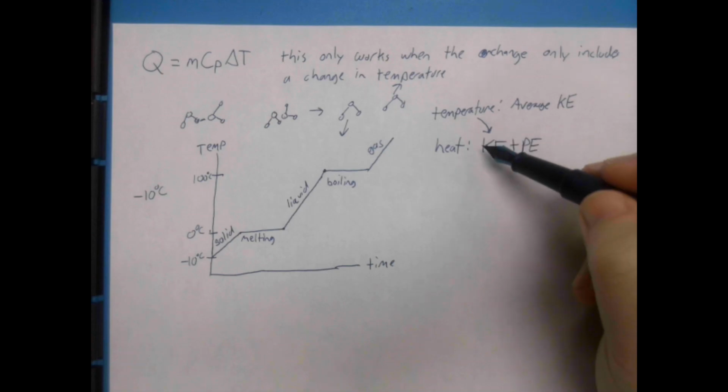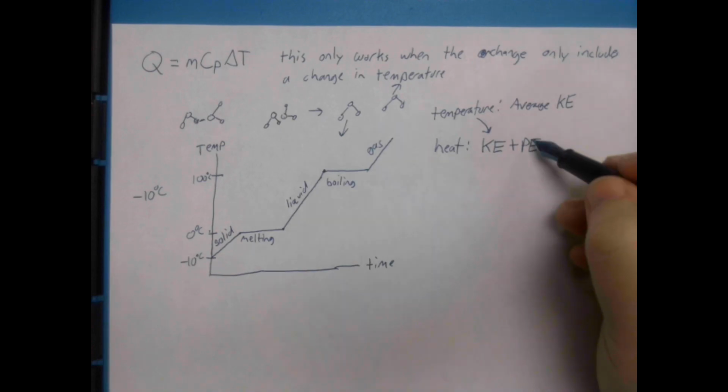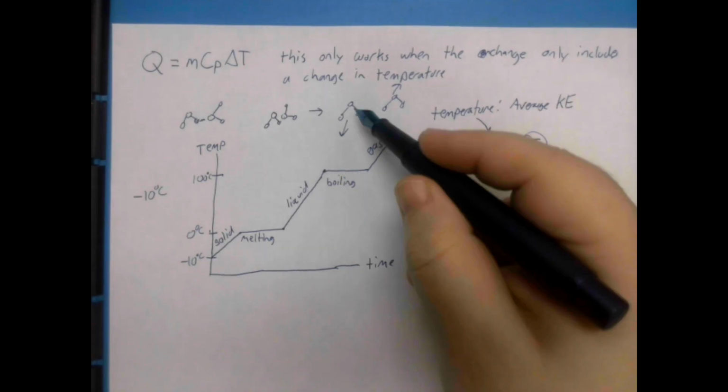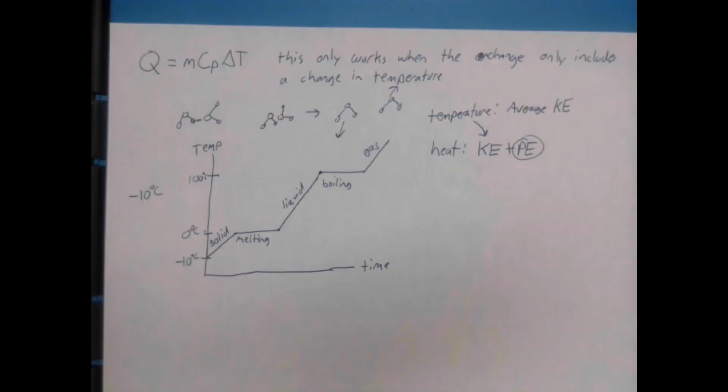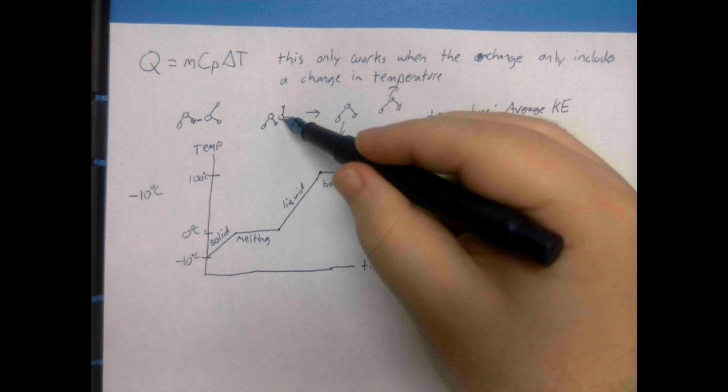So where's all the energy going? It's just potential. What we're doing is increasing the potential energy of every molecule. That actually takes energy. It takes energy to overcome the interaction between individual particles.